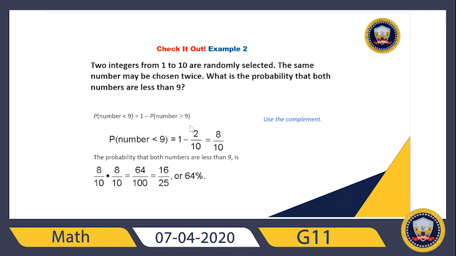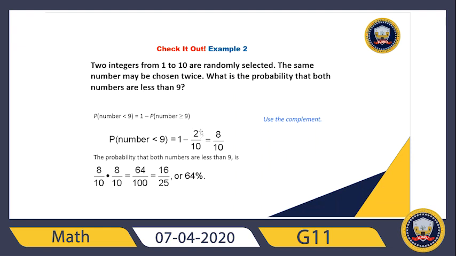So how do we find this? How many numbers do I have that are bigger than or equal to 9? Basically I have only two: 9 and 10. So out of the numbers from 1 to 10, I have two numbers, 9 and 10.